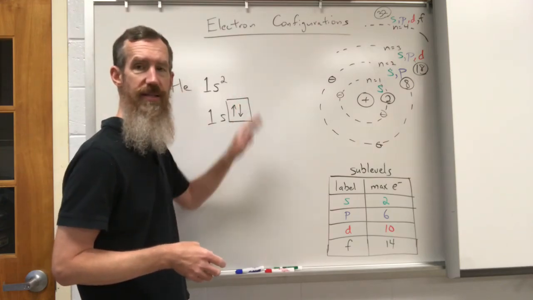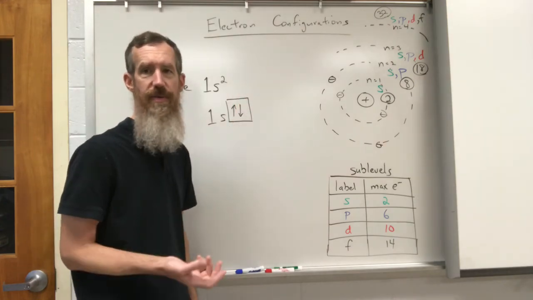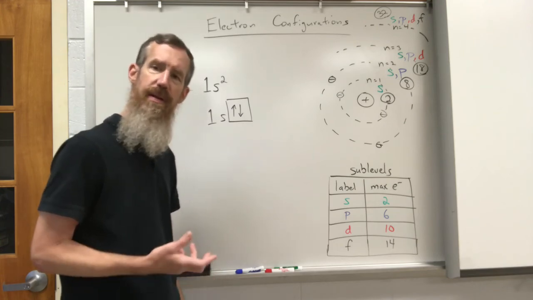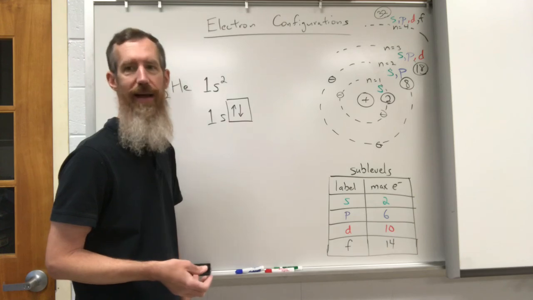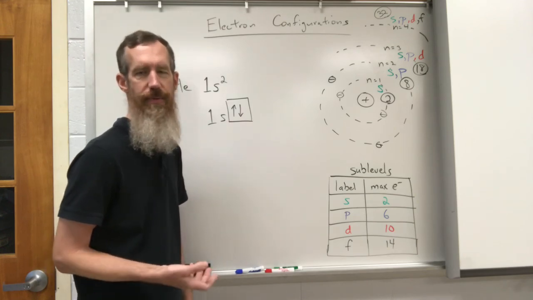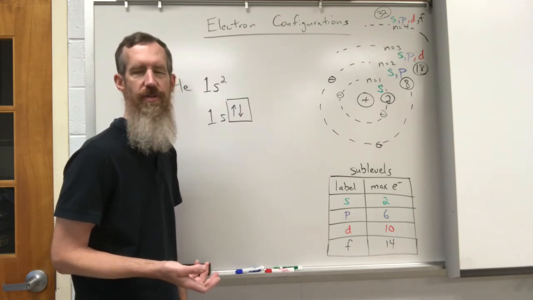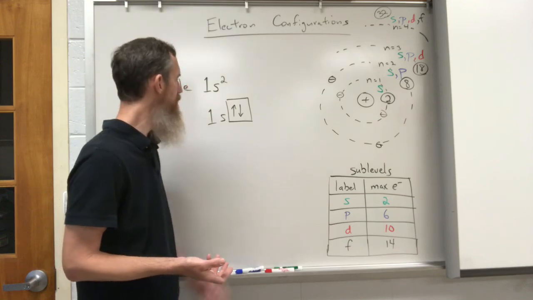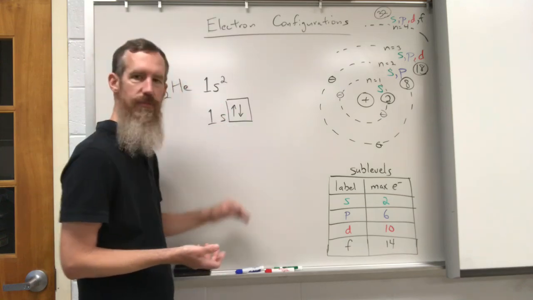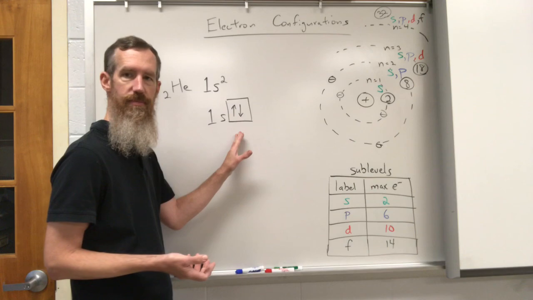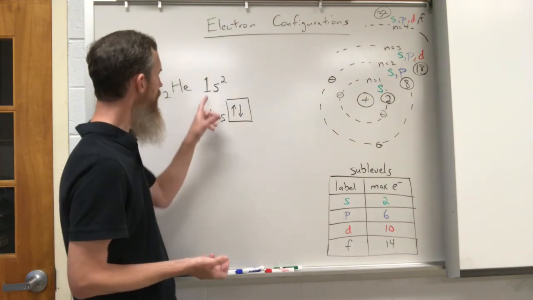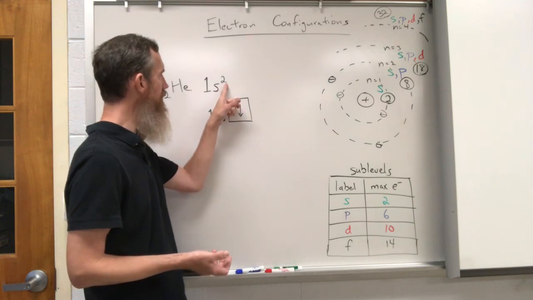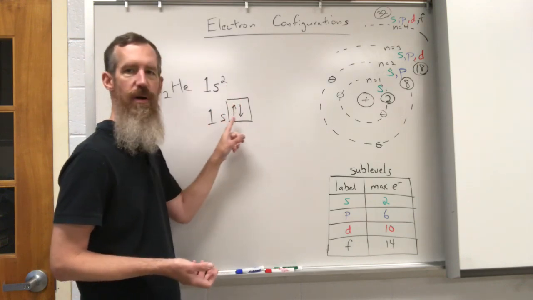Sometimes you're solo, and that's okay. If the electron is solo, we always start off with the upward spin, the upward arrow. It's kind of arbitrary, but that's what we do in the general notation. So we have the orbital notation, and we've got the abbreviated notation here. Note, this is a little easier to draw and write because all you have to do is a little power. You don't have to think about what's going on with the orbital.